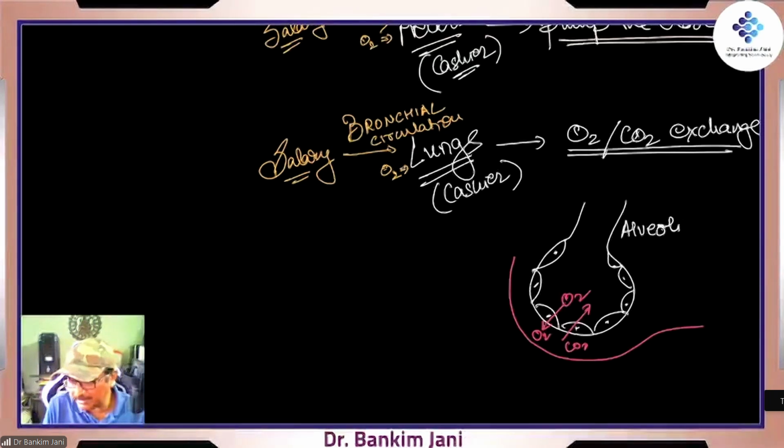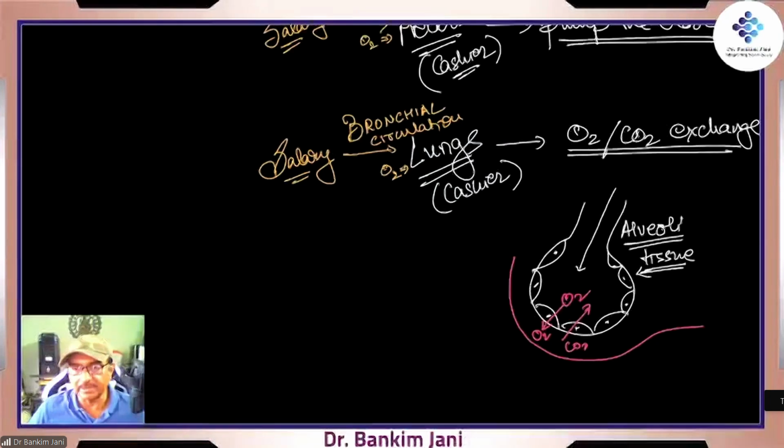And if this is happening, the alveoli will say that this oxygen which the person is breathing, I'm not getting anything out of it. So then how would my tissues survive? How would those alveolar tissues survive? That's where this bronchial circulation comes into the picture.